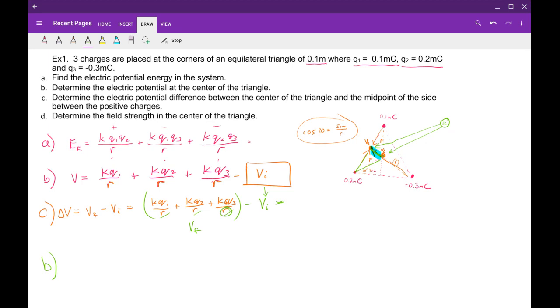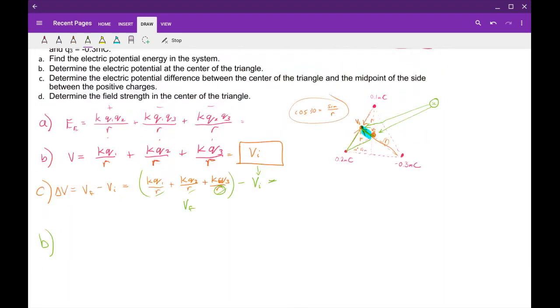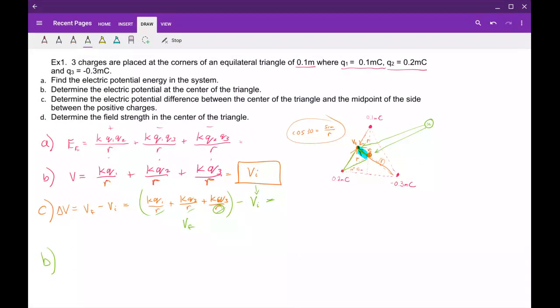Field strength. The last one here is to determine the field strength, and this is going to require a vector addition. So it's field strength 1 plus field strength 2 plus field strength 3. I might make a little separate video on this.